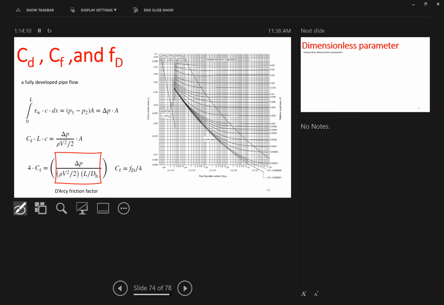I'm talking about this line, the laminar flow line. But if you were in the turbulent flow, you will use one of these lines based on the surface roughness. Are we familiar with the Moody diagram?